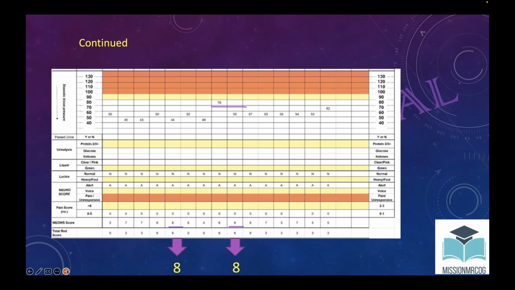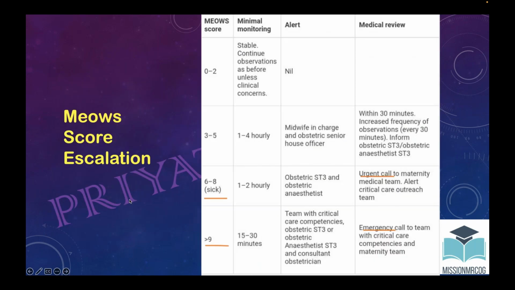Now this is MEOWS score escalation. If the score is 1 to 5, then only 1 to 4 hourly monitoring has to be done. But if the score is 6 to 8, the patient has to be seen 1 to 2 hourly, and an urgent call has to be sent to the maternity unit.